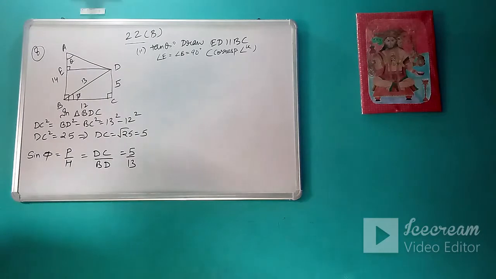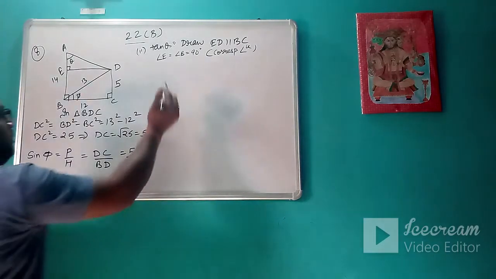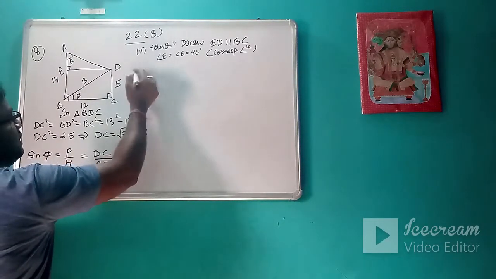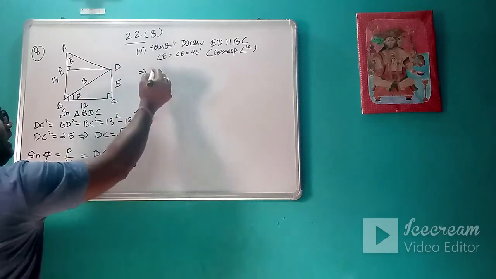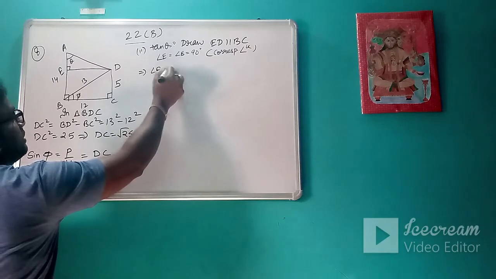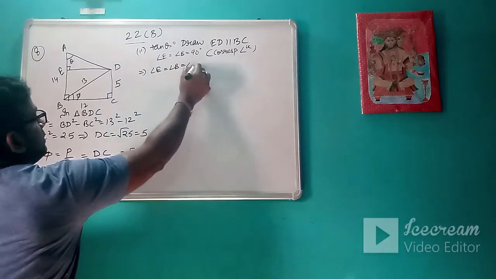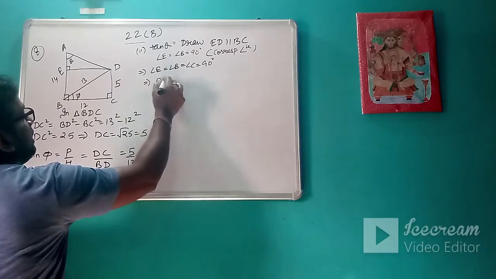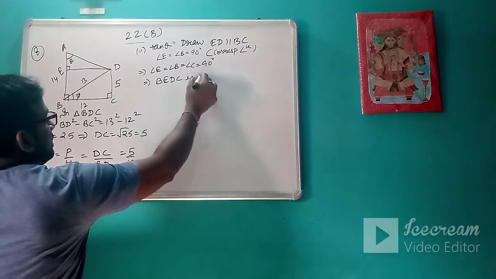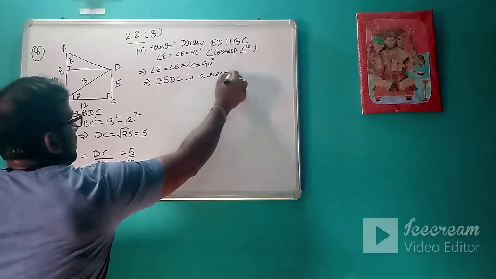So that means now we can write, this is 90, this is 90 and this is already 90. So angle A is equal to angle B is equal to angle C is equal to 90. So we can write that BEDC is a rectangle.